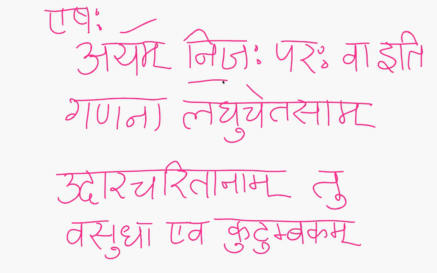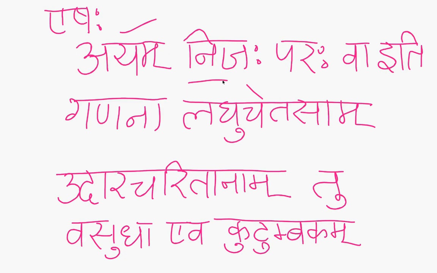Va iti, va means athava. Nijaha paraha va iti ganana. Whether this person is my own or other, not belonging to me, paraha means somebody else's. Va iti ganana, counting or thinking. Ganana Laghuchetasam.